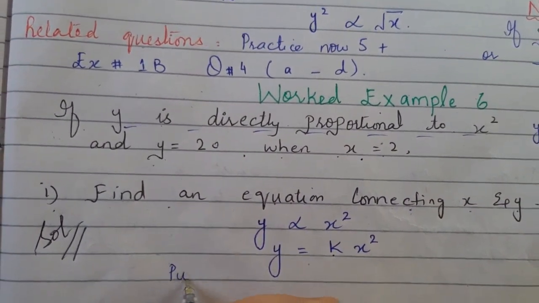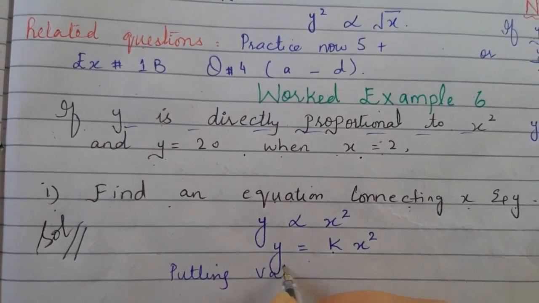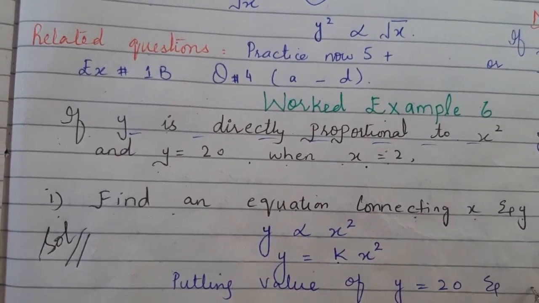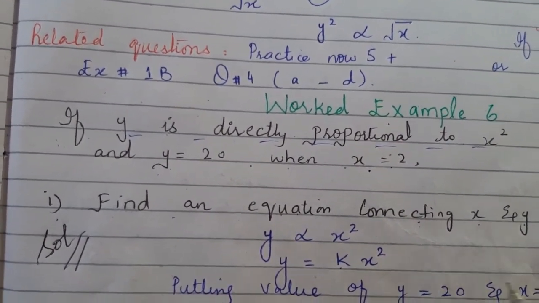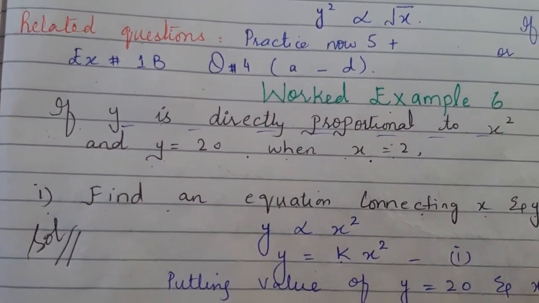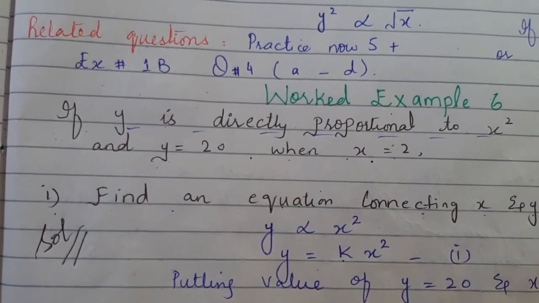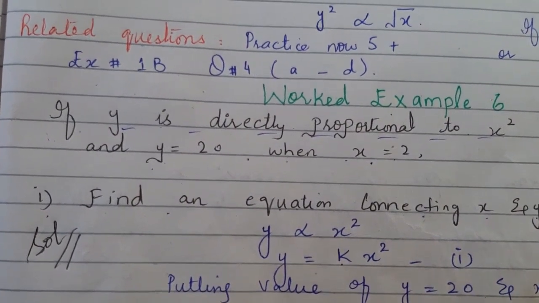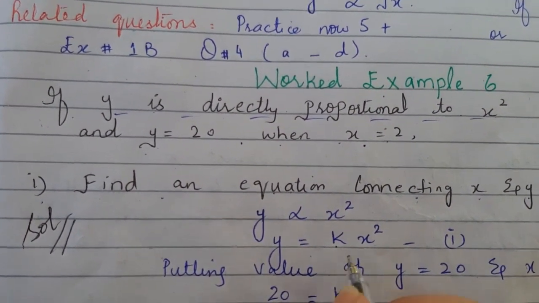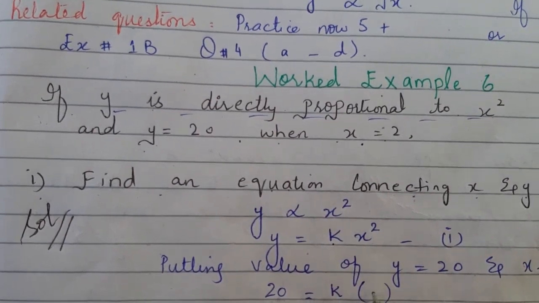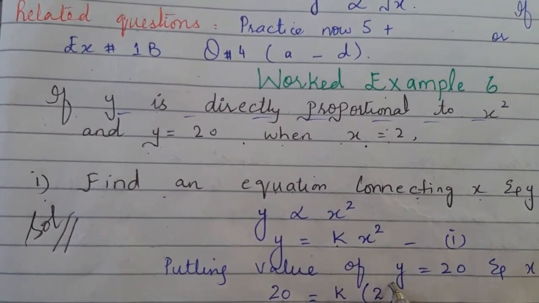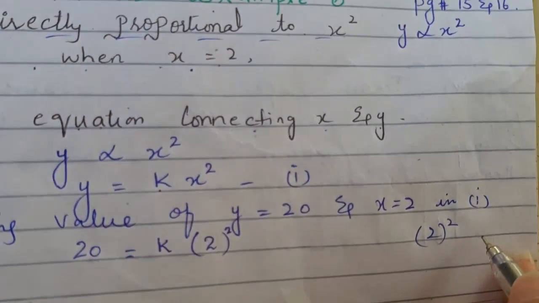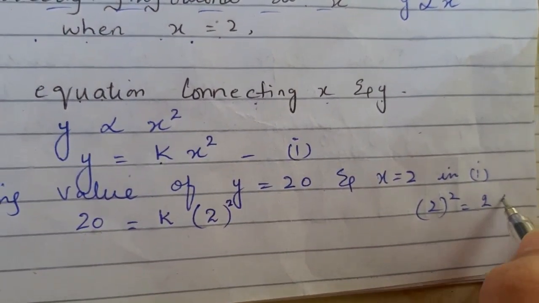So putting y is equal to 20 and x is equal to 2 in equation number 1, what we will get is 20 is equal to k times 2 power 2. 2 power 2 means 2 multiplied by 2.